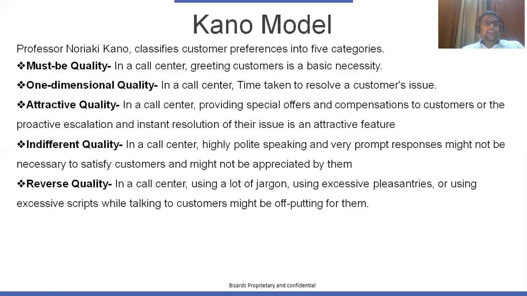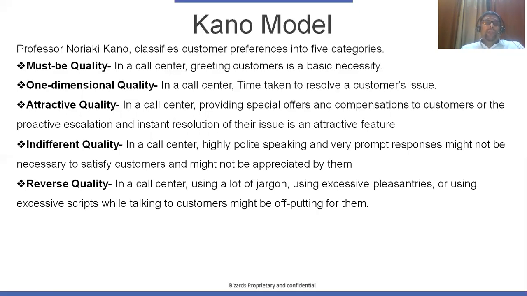The last category is reverse quality, and these attributes refer to a high degree of achievement resulting in dissatisfaction, and to the fact that not all customers are alike. Again, in the call center example, using a lot of jargon, excessive pleasantries or excessive scripts while talking to the customer might be putting them off.